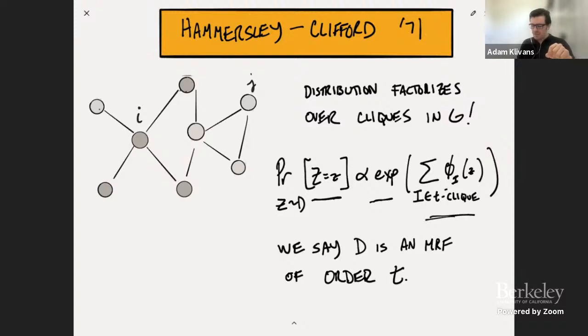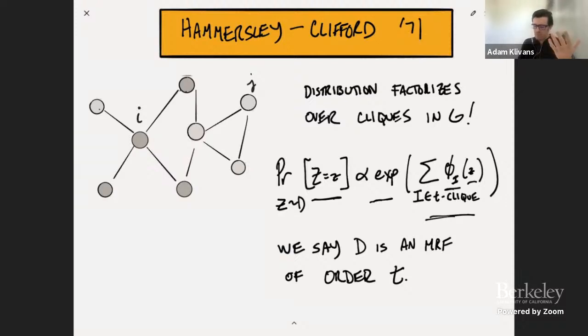So phi of I is just some function of the variables in this clique of z. And if all of the cliques in this summation are of size less than or equal to t, then by definition, we call this distribution a T-MRF.